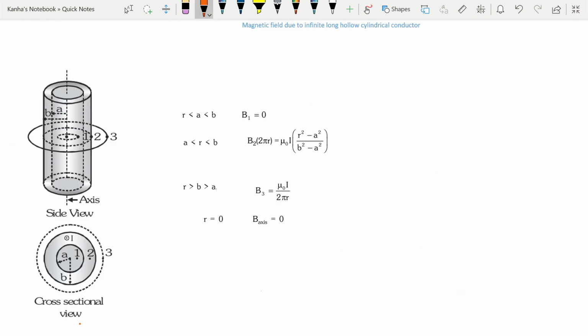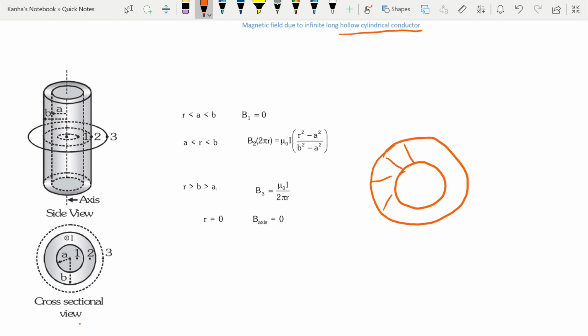Next, let's quickly take a look at the magnetic field due to an infinitely long hollow cylindrical conductor. For the case of the hollow cylindrical conductor, what do we have? This means that there is an inner radius a, there is an outer radius b. There is a conductor in this region and there is nothing flowing in this central region. There is current only through the conductor.